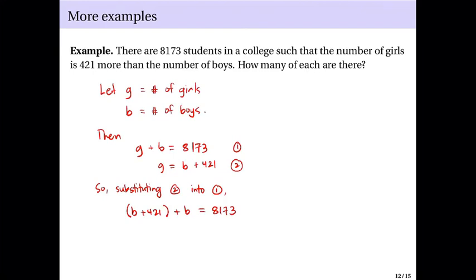We have 2B equal to 8,173, and then we bring 421 to the other side of the equation. So we have minus 421.